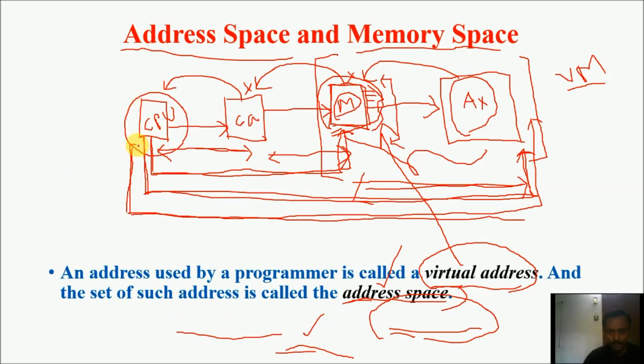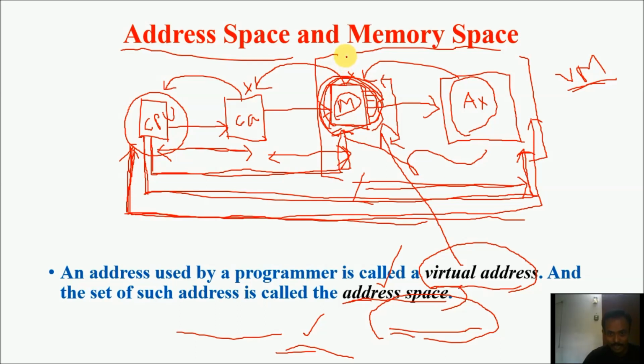That means if your computer supports the virtual memory system, then the programmer can generate addresses larger than the main memory. Set of addresses means the total number of addresses. When the total number of addresses generated by the CPU is larger than the main memory.